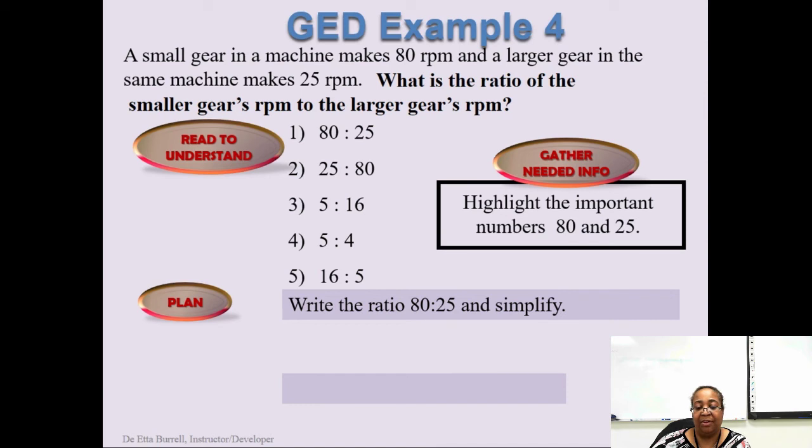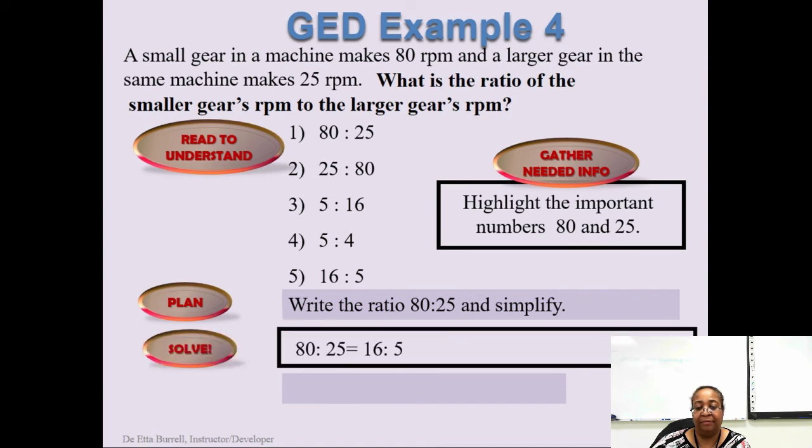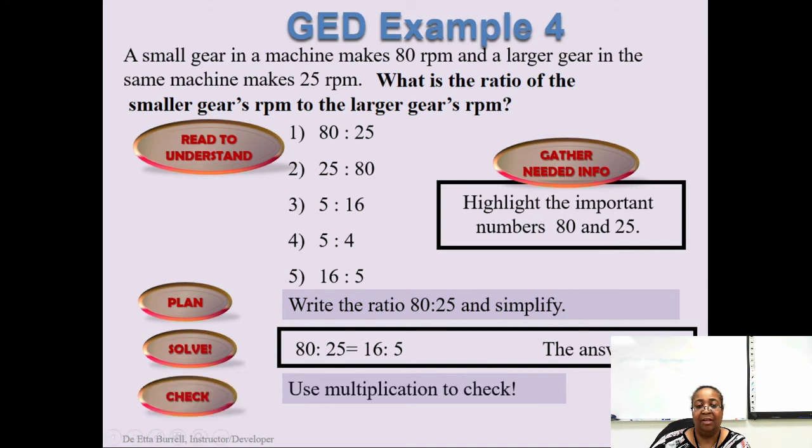And when we simplify it by 5, we get 16 to 5. So the answer is number 5 here that says 16 to 5. Okay, and you can always check it. A lot of times when you're taking a test, you might not have time to use the operation to check it. You can just try to use your logic.